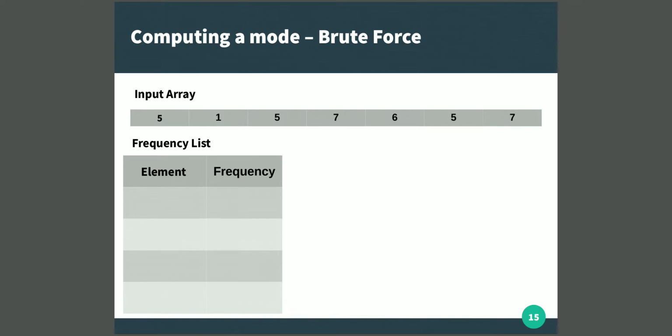The first one represents the element, and the second one represents the frequency, which tells how many times this element has occurred. Okay, so now if we start the computation, the first element is 5, and this 5 need not be compared with any element because the list is empty. I directly write the element 5 into the frequency list, and we initialize the frequency to be 1.